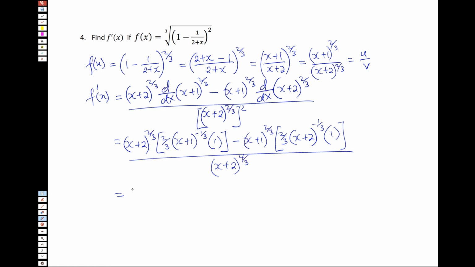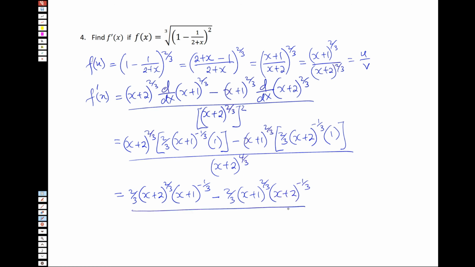So this will be 2 over 3 into x plus 2 to the power 2 over 3, multiplied by x plus 1 to the power negative a third, minus, again here we have 2 over 3 into x plus 1 to the power 2 over 3, multiplied by x plus 2 to the power negative a third, all this over x plus 2 to the power 4 over 3.